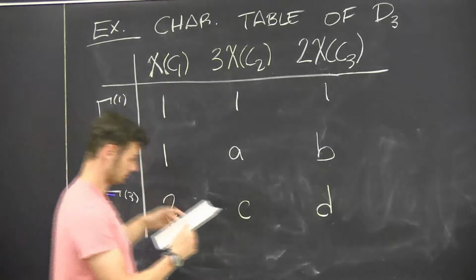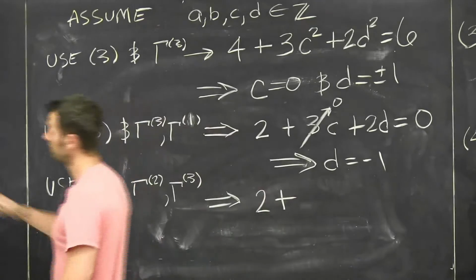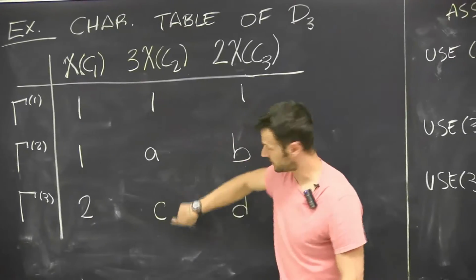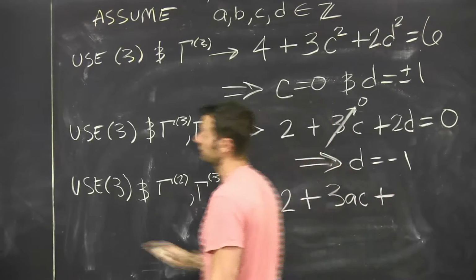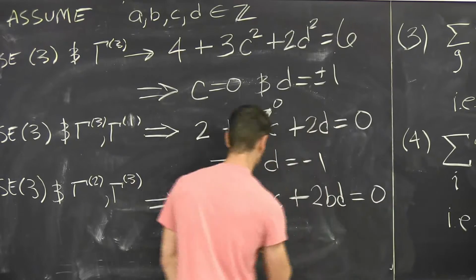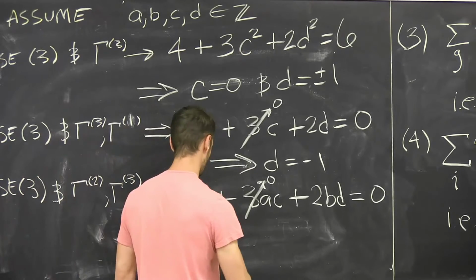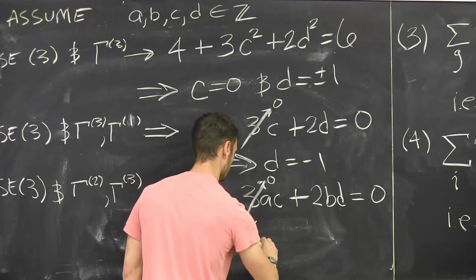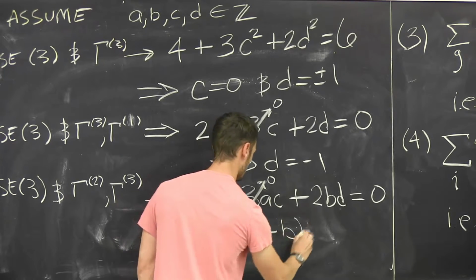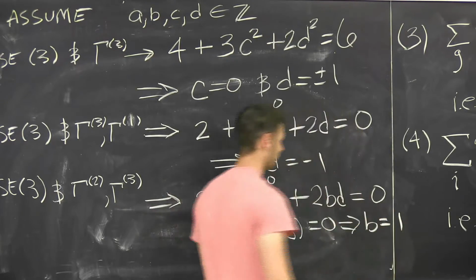I'll get 2 plus 3 times A times C plus 2 times B times D. This is 0 because C is 0. D is minus 1. Right, so this would give me 2 times 1 minus B equals 0. So B has to equal 1.